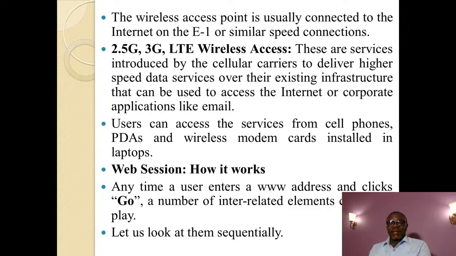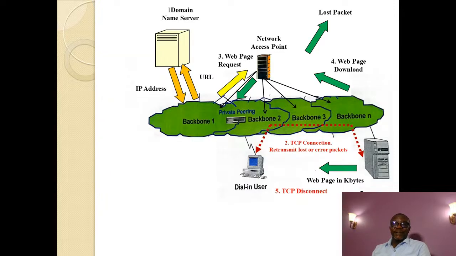So anytime a user enters the www address and clicks go, a number of interrelated elements come into play. Let us look at them sequentially. Look at this diagram, similar to the first one we saw with backbones 1, 2, 3, and N. Now, a dialing user dials in to access the internet.